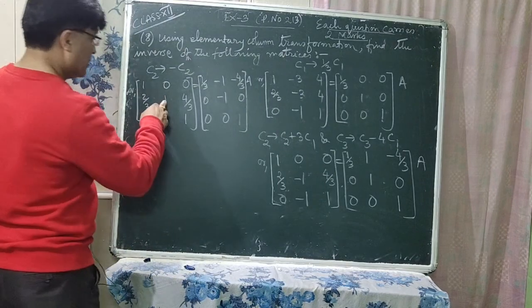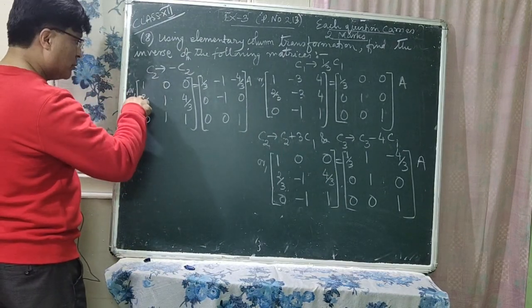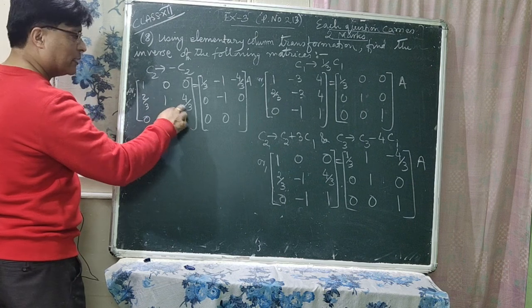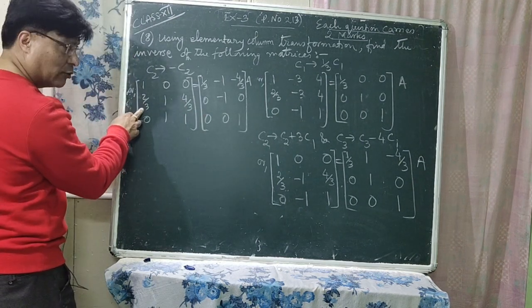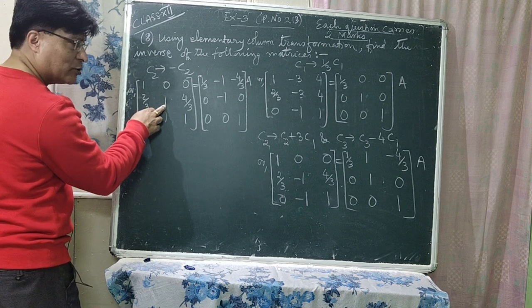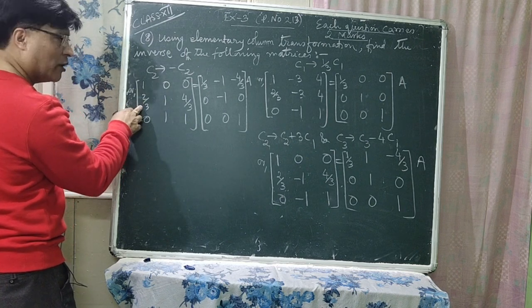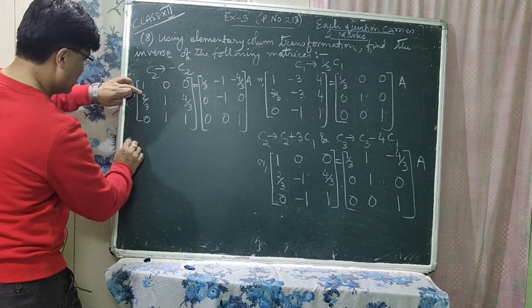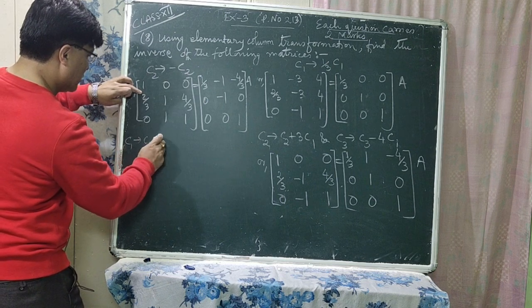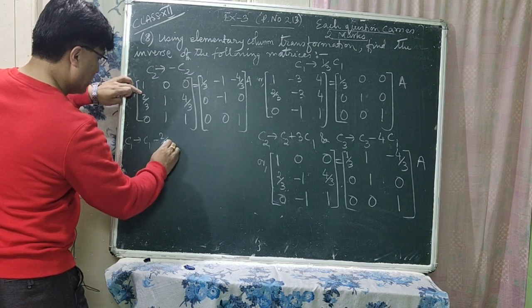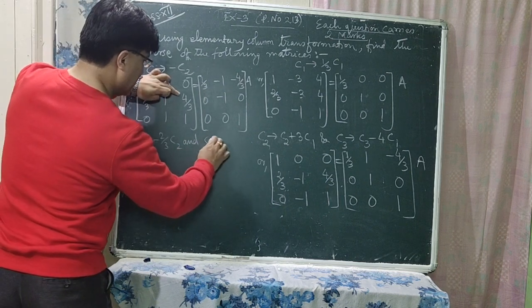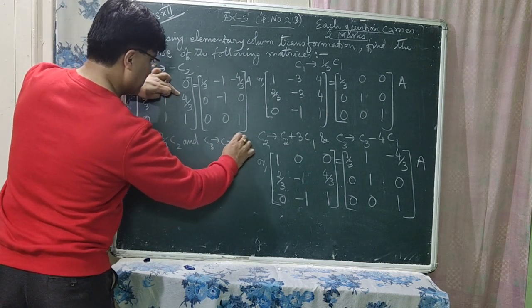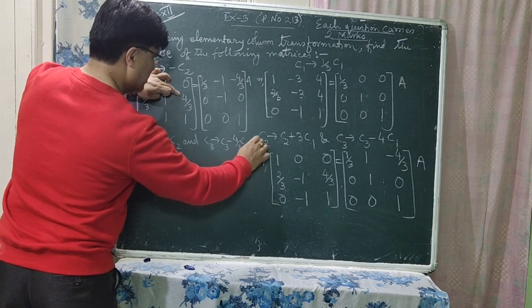so now since this is 1 here, so now you should make these 2 by 3 0 and 4 by 3 0 horizontally. So how can you make this 2 by 3 0? You have to multiply 1 by 2 by 3 and it should be subtracted from column 1. So here you can write C1 arrow mark C1 minus 2 by 3 C2 and C3 arrow mark C3 minus 4 by 3 C2.